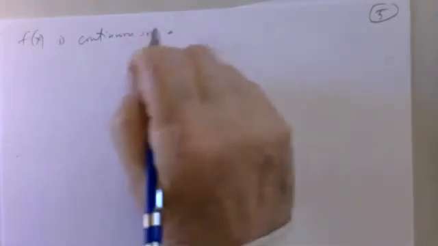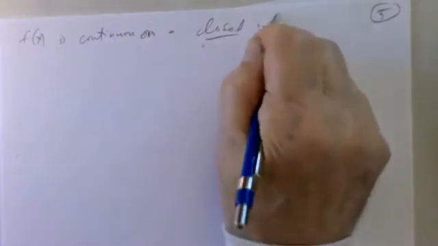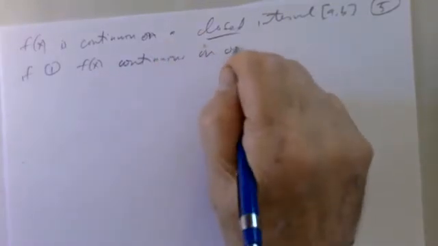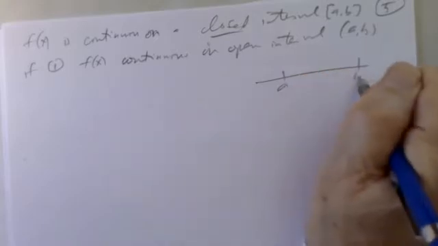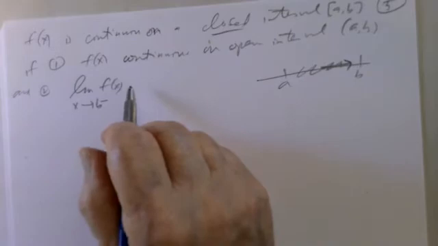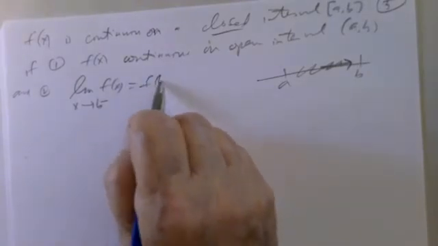And so we say f of x is continuous on a closed interval from a to b if, first, f of x is continuous on the interior, the open interval, all in there is continuous, and the limit of f of x as you approach b from below exists and is equal to f of b.